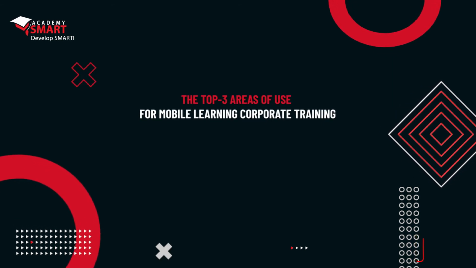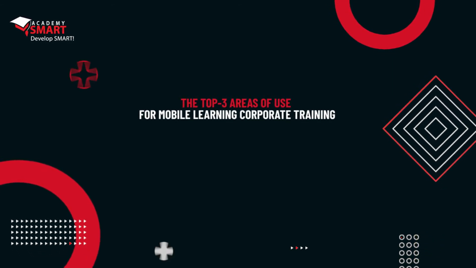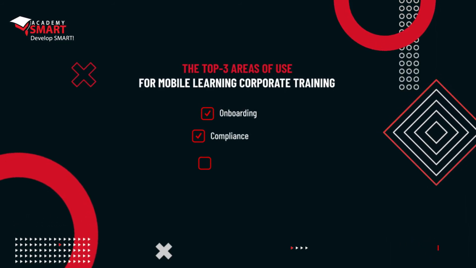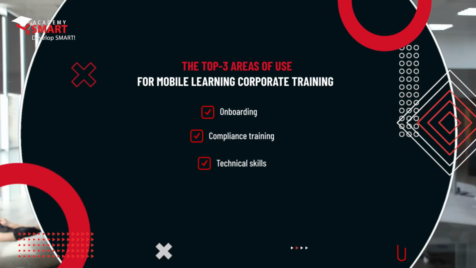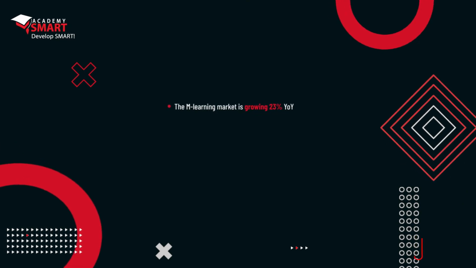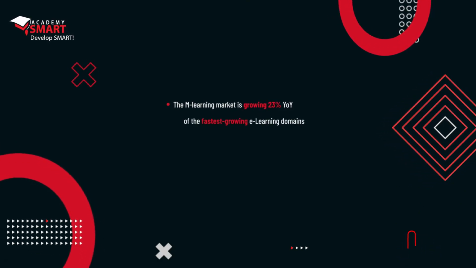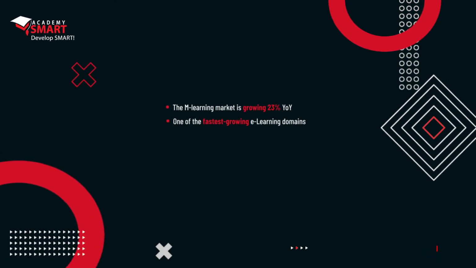The top 3 areas of use for mobile learning in corporate training are onboarding, compliance training, and technical skills. Let's look at the several reasons to go for a mobile learning environment. The m-learning market is growing around 23% yearly, making it one of the fastest growing e-learning domains.